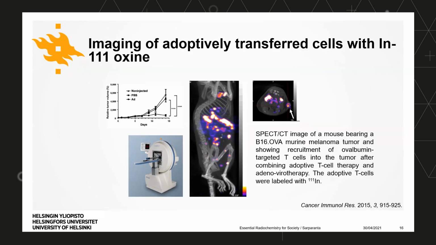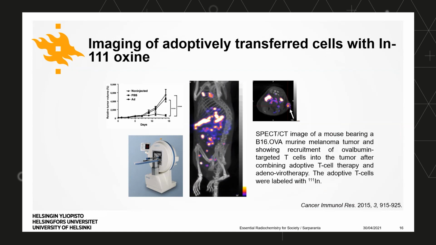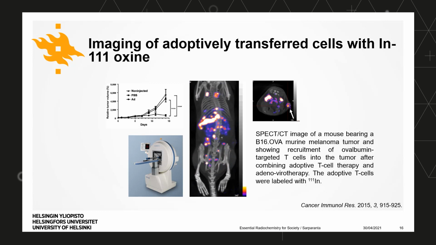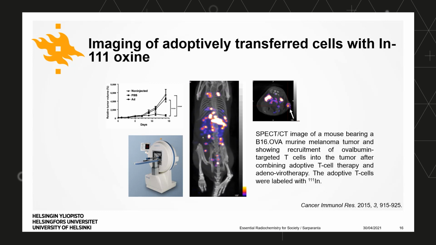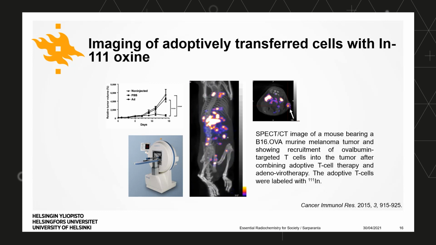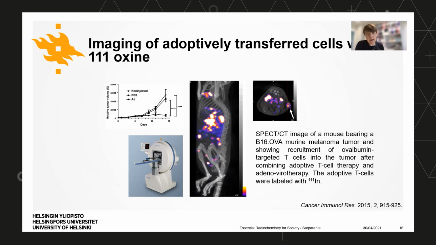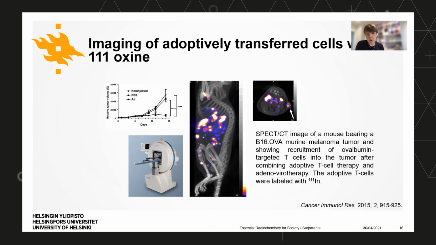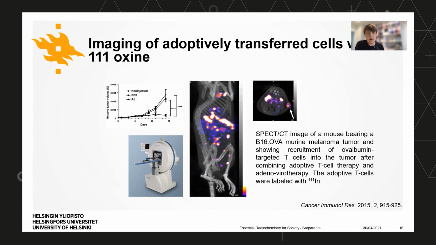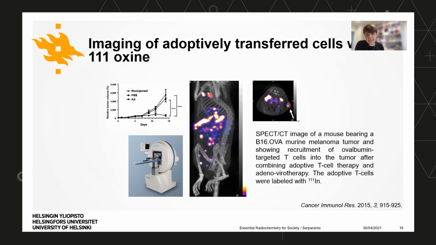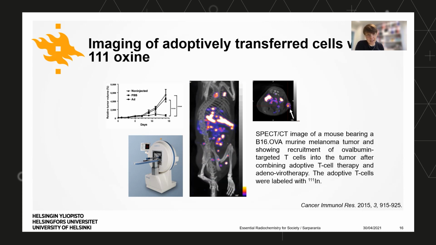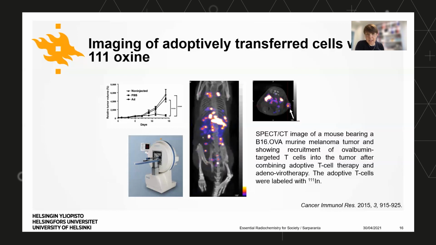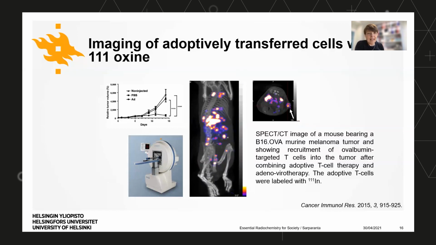This is actually from Anu Airaksinen's work. I really enjoy this image. This is a SPECT-CT image of a mouse bearing an ovalbumin-expressing B16 melanoma tumor. The hotspots show the infiltration of ovalbumin-targeted T cells that have been labeled with indium oxine. The white arrow is pointing to the tumor.